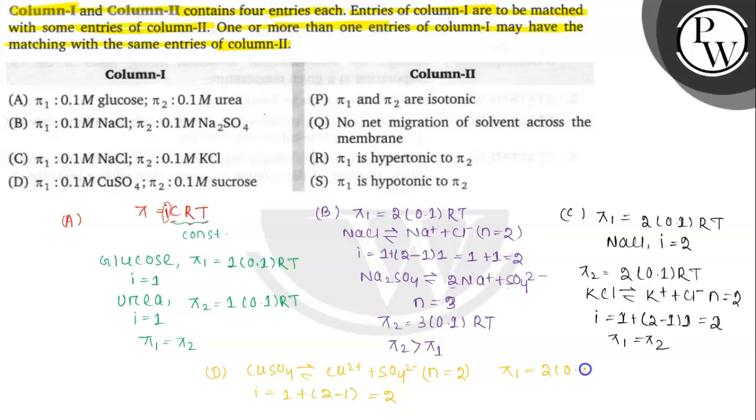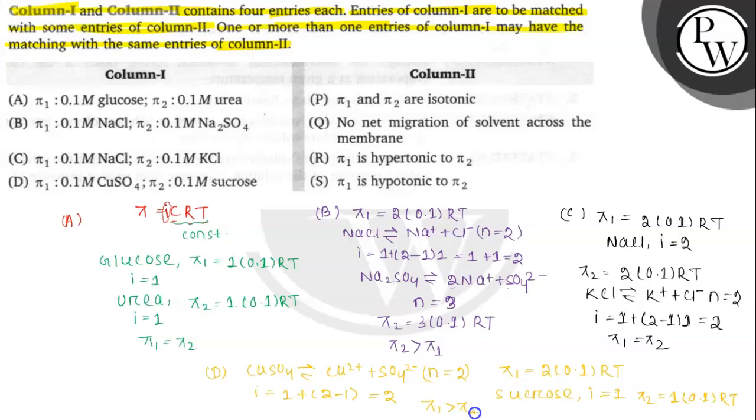Then the second is sucrose. Sucrose is a non-electrolyte, so the i value is 1. So for sucrose, the osmotic pressure is 1 into 0.1 RT. So this is in case of D. Now we have to decide. In D, the i value is more for CuSO4 than sucrose. That means here pi 1 is greater than pi 2.